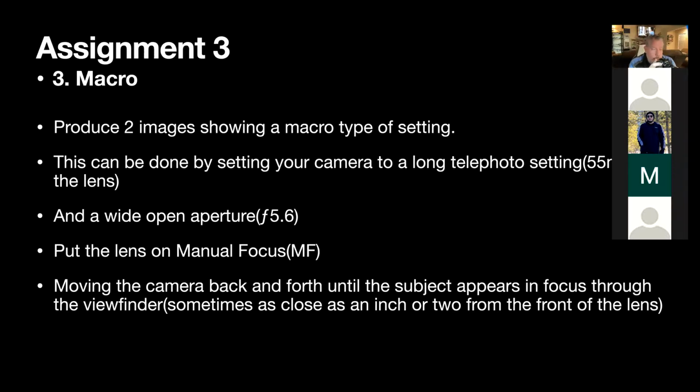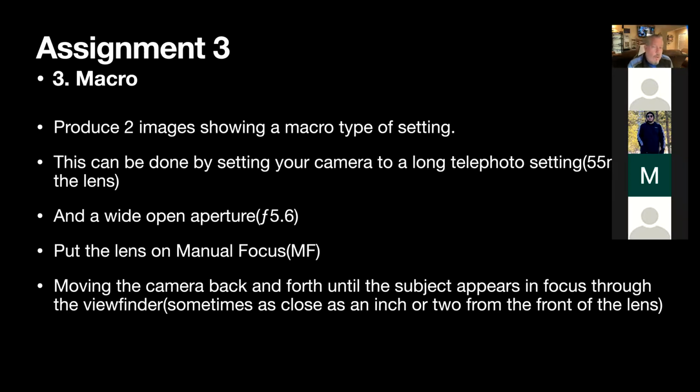And then what you're physically going to do is look through the viewfinder and physically move the camera back and forth until the subject becomes in focus. Once you have the lens zoomed out and the focus of the camera turned the other way, you're going to physically move the camera back and forth until what you're looking at becomes in focus. Most cameras can focus really, really close, a lot closer than you can think.